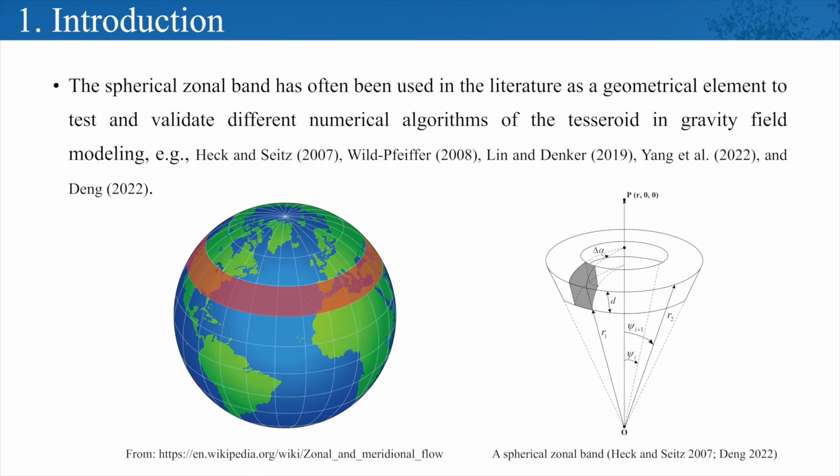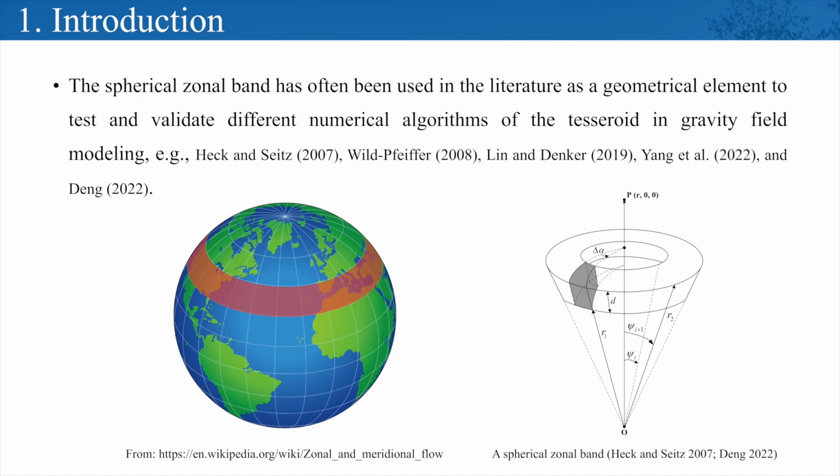Meanwhile, a spherical zonal band has often been used as a geometrical element to test and validate different numerical methods of the tesseroid in gravity field modeling. This is the figure of a spherical zonal band on the left side.